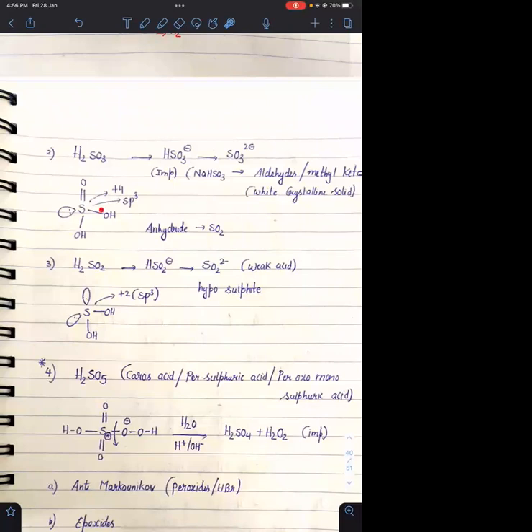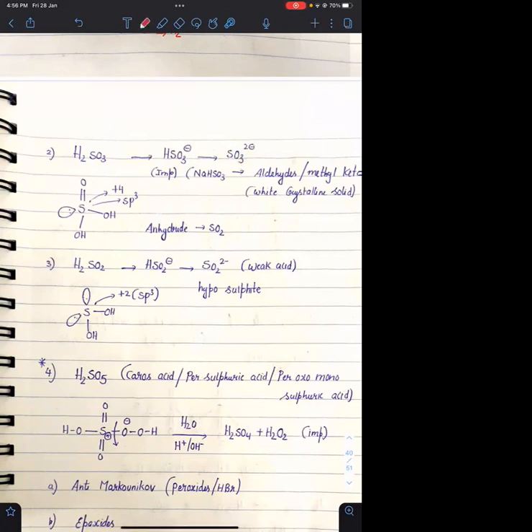के outermost electrons इनसे में पास होंगे. H2SO3 से you can form HSO3 minus, which is formed from NaHSO3. If you remember, this is used as a test for aldehydes and methyl ketones. Remember, NaHSO3 test for aldehydes and methyl ketones. इससे further H positive हटा दिया तो you will be getting SO3 2 minus, which is called as sulfite ion.